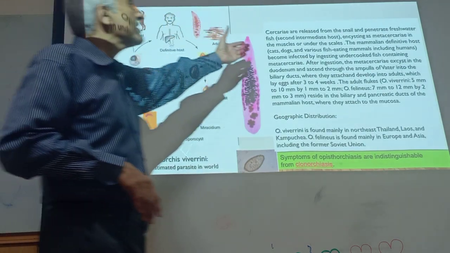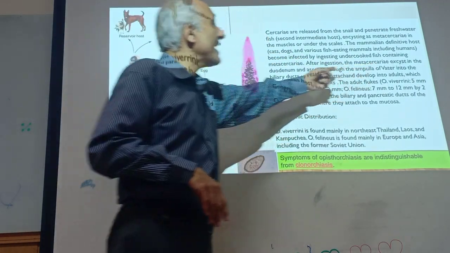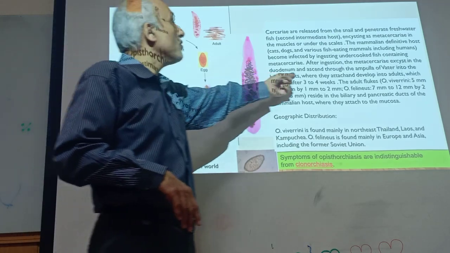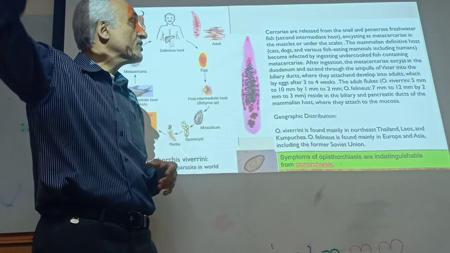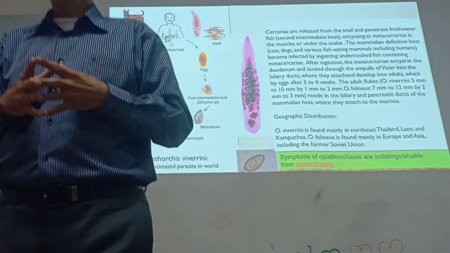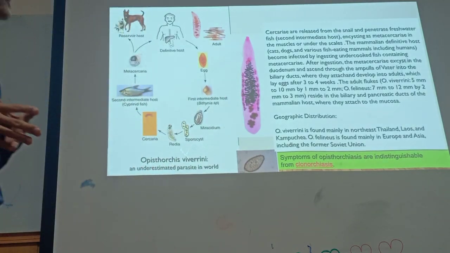After ingestion, the metacercariae excyst in the duodenum and ascend through the ampulla of Vater, and everything starts over there.